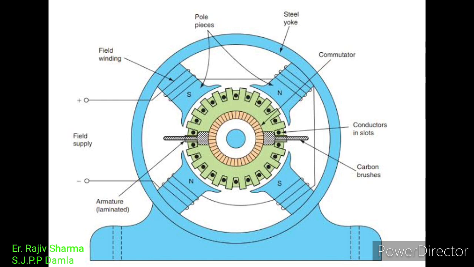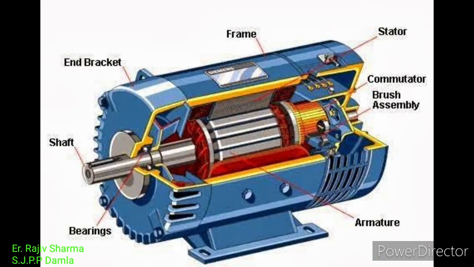The windings which provide the magnetic field are called field windings, and they can be connected in series or parallel. Depending upon whether the field winding is connected in series with the armature or in parallel with the armature, the DC motor can be of two types: DC shunt motor and DC series motor.